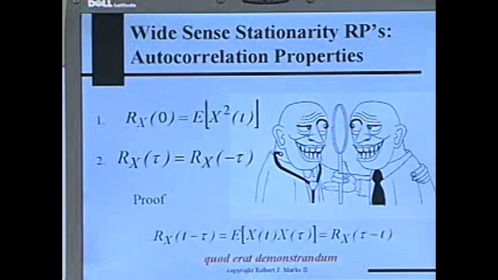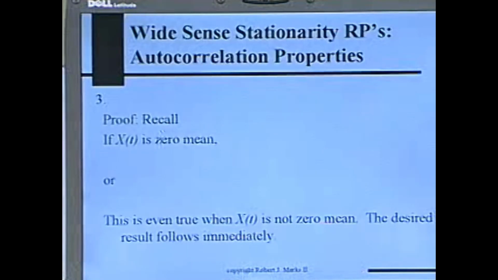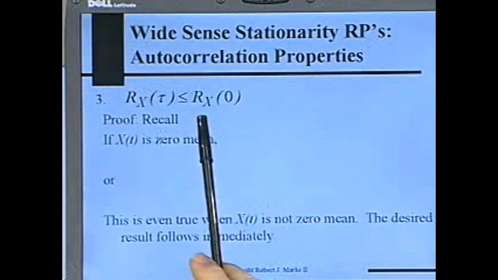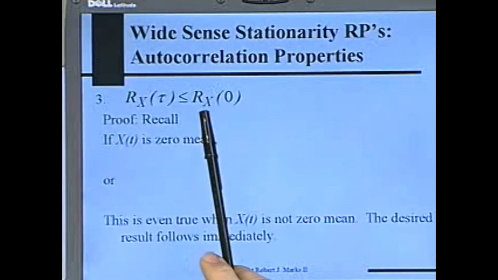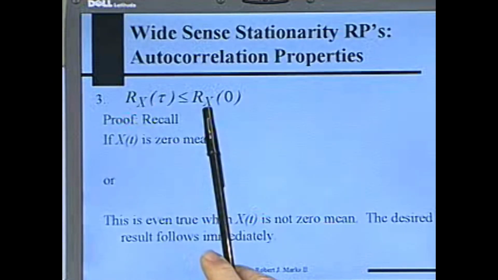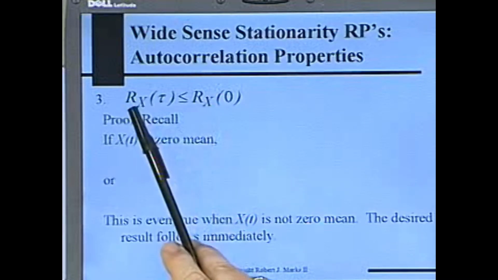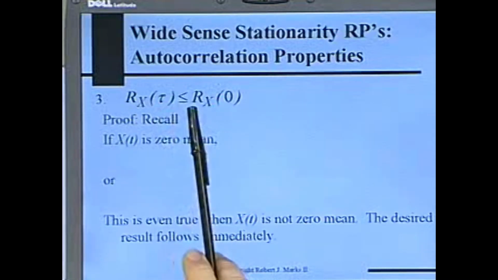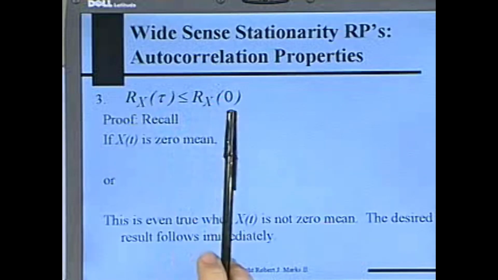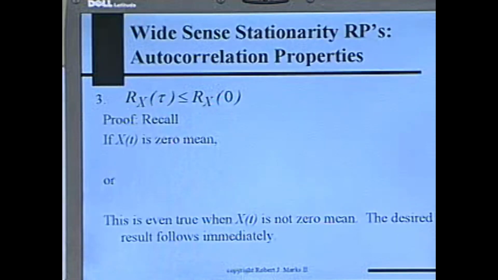Quod erat demonstrandum, QED. Another interesting property is that the value at the origin, which we know is the average power, is always a maximum. Which means that r sub x of tau must be less than or equal to the value at the origin. Recall, and here's the proof.